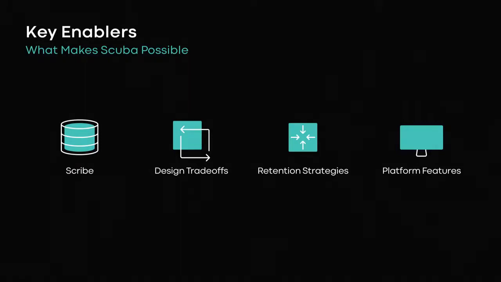We also had to be flexible in the way we deal with data and in our data expiration policies so that we can deal with this high volume of data. And finally, the 4th enabler for us is the platform features we had to build so that other services can leverage Scuba and use it to build tools around it. So let's take a look now at the design trade-offs.